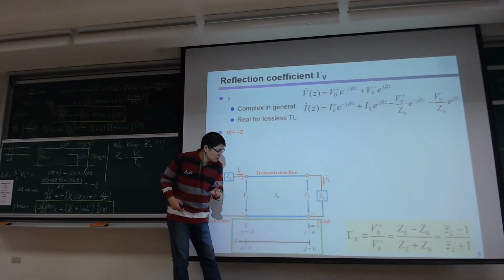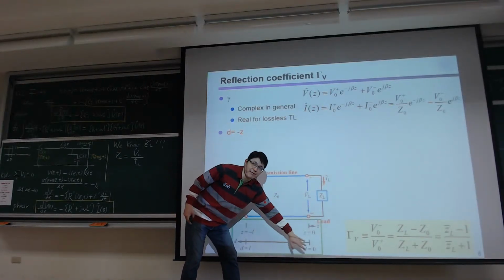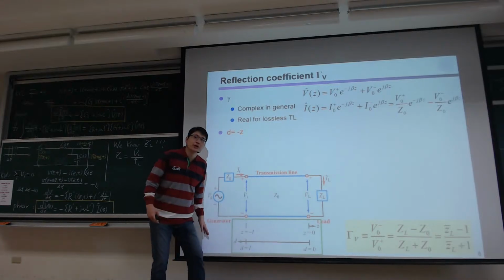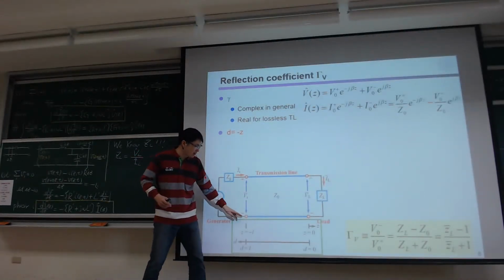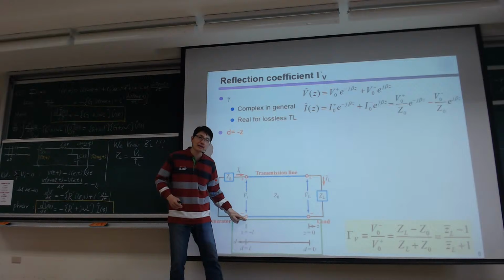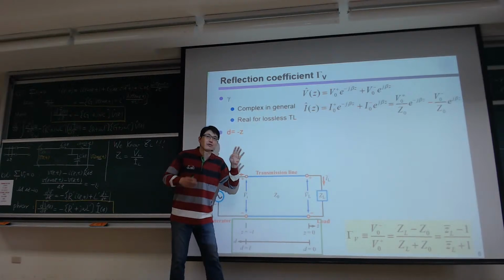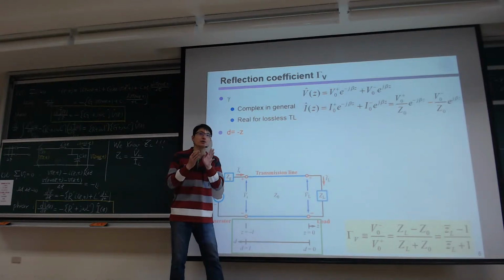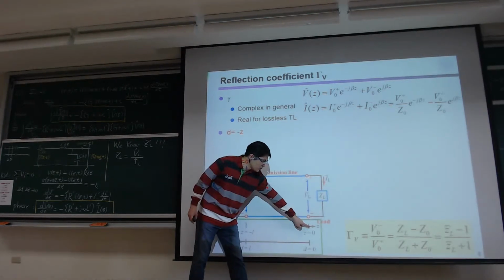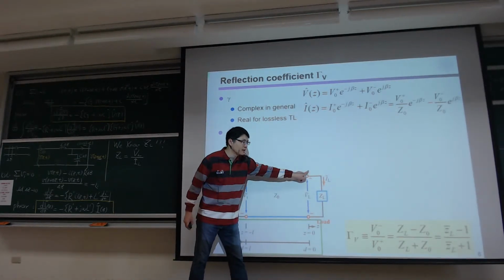So be careful and look at this definition. Usually, although we want to define Z equals 0 at the input, in this particular case, from now on, we are going to define Z equals 0 at the load.